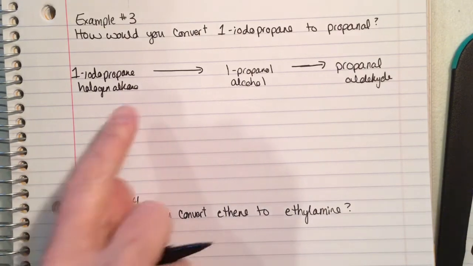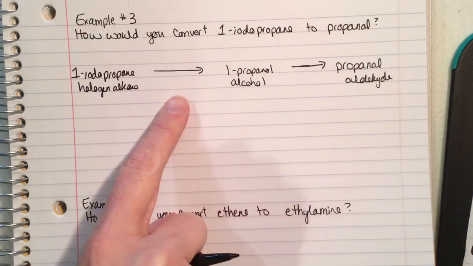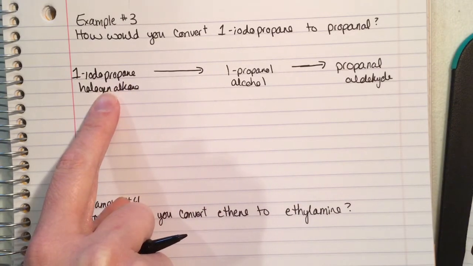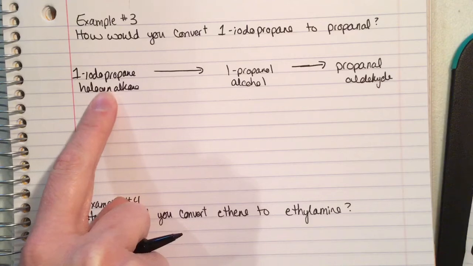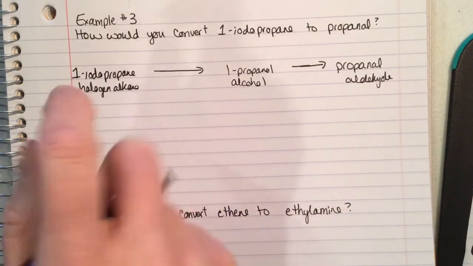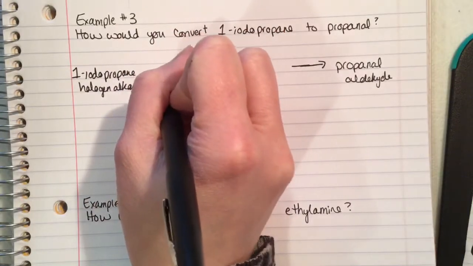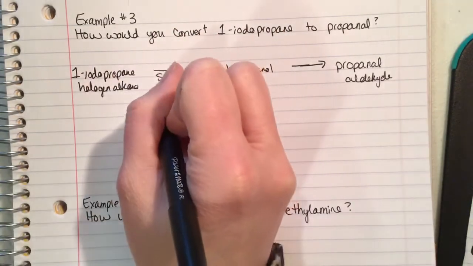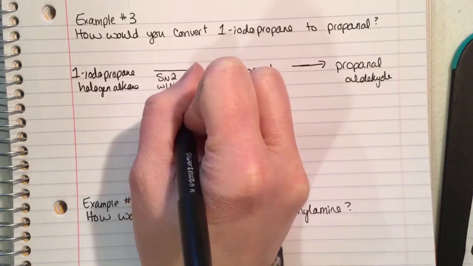Okay? So how do I get from here to here? So this is a primary halogen alkane. So I'm going to make a primary alcohol. So this is an SN2. Remember, primaries go through SN2. So I'm going to need to add my sodium hydroxide.